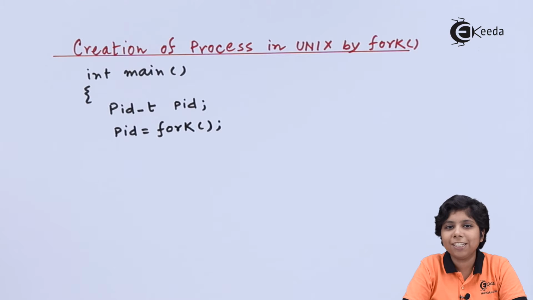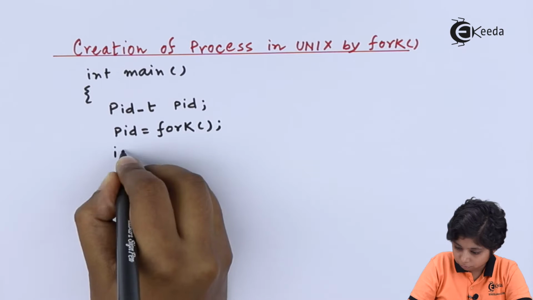First, we declare an instance of pid_t, that is a process ID, as the variable pid. Now this pid gets the return value from the fork system call, which is actually creating a child process from the parent process.